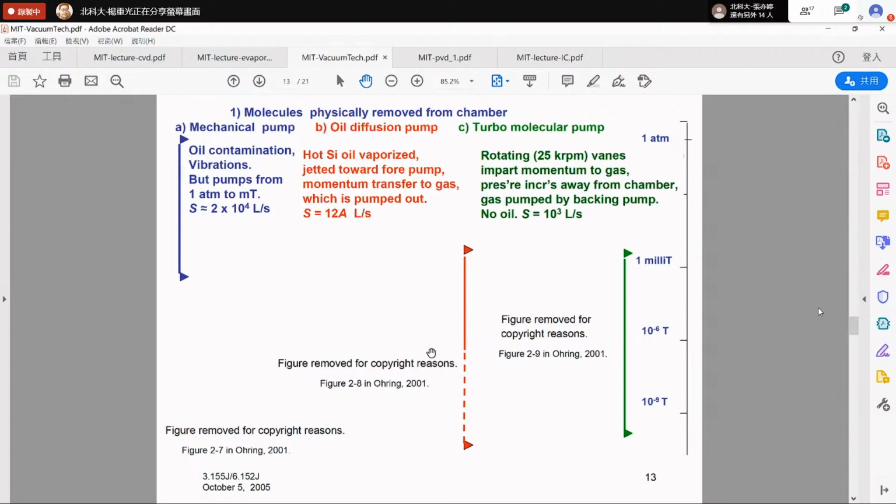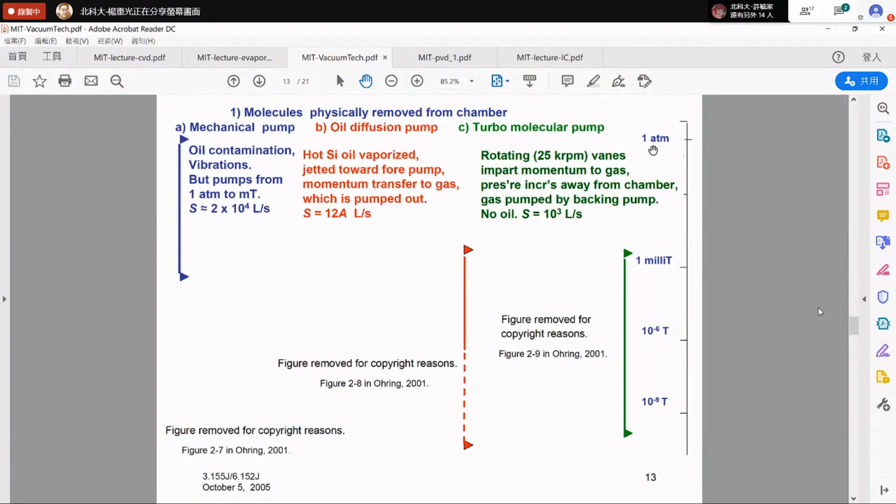So for molecules physically removed from the chamber, we have the mechanical pump, oil diffusion pump, and turbomolecular pump. And this is quite a good picture. It gives you the range of vacuum each can reach, from 1 atm to 10 to the minus 9 torr.